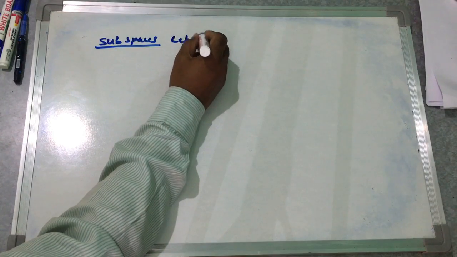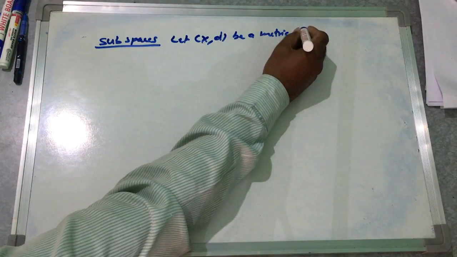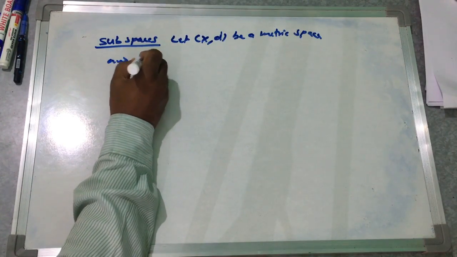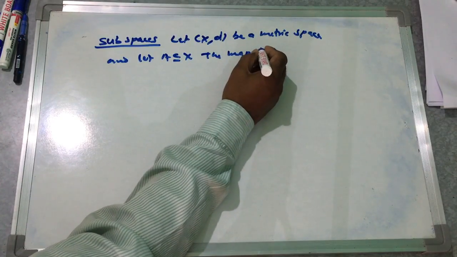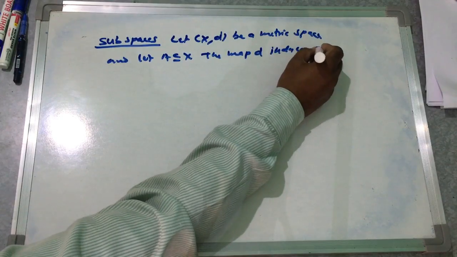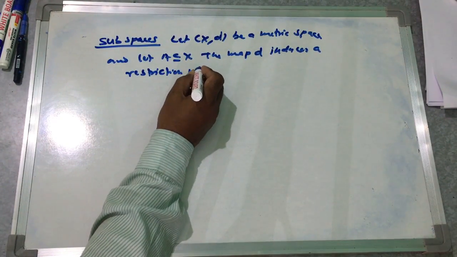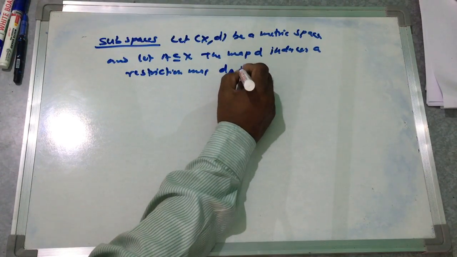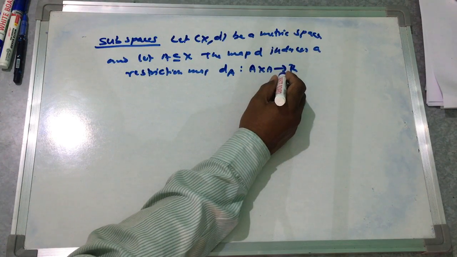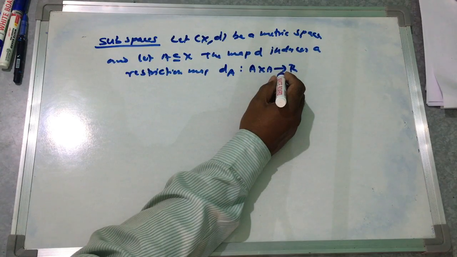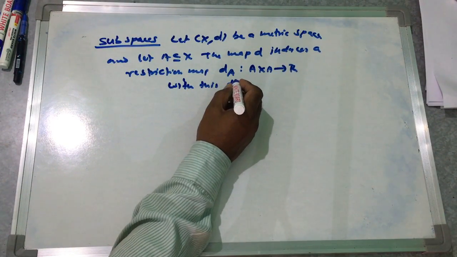So let (X, d) be a metric space, and let A be a subset of X. The map d induces a restriction map, that is d suffix A, from A cross A to R. With this d suffix A, the set becomes a metric space.